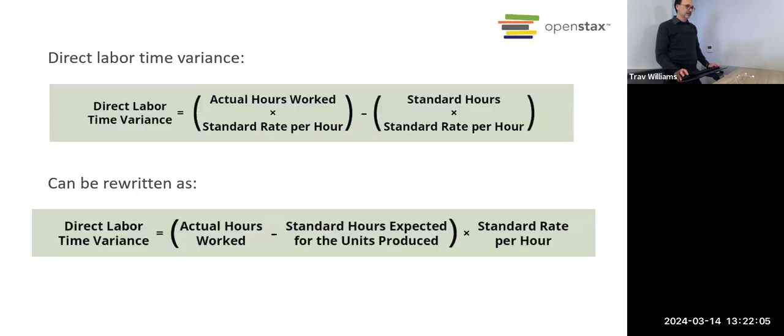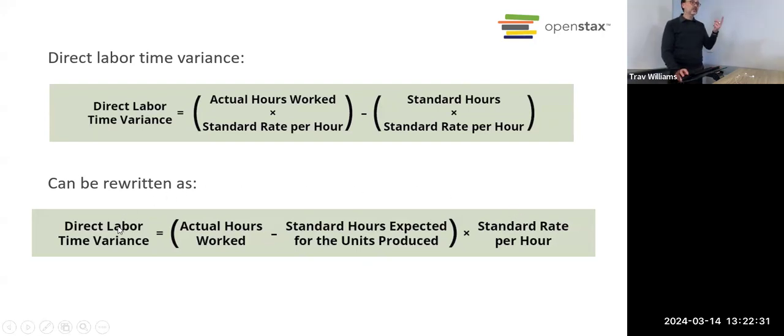So to get our standard rate per hour, let's take the direct labor time variance. You notice it says that what's in the parentheses here times the standard rate equals direct labor time variance, right? This times that equals that.